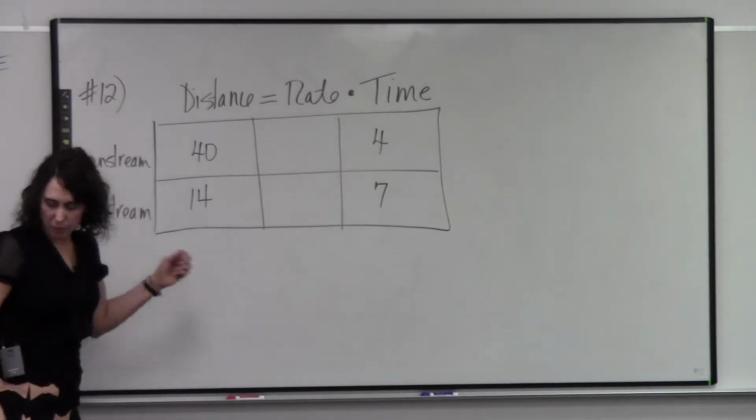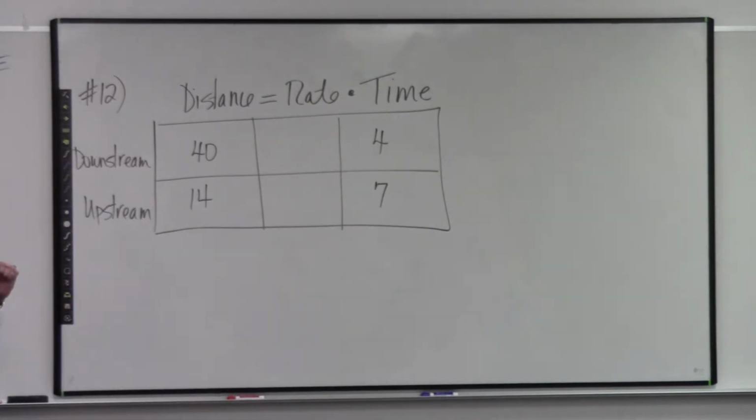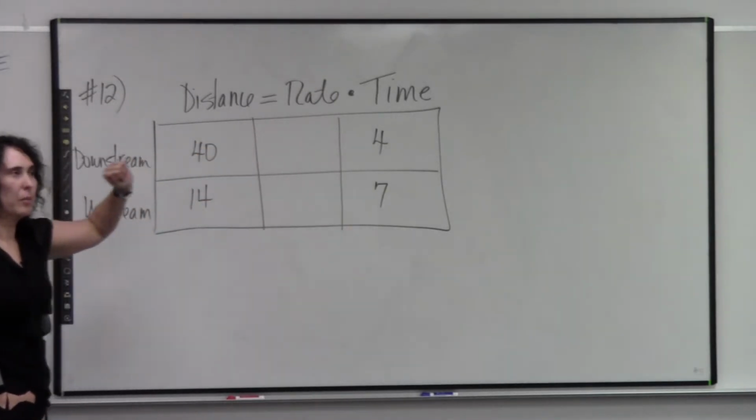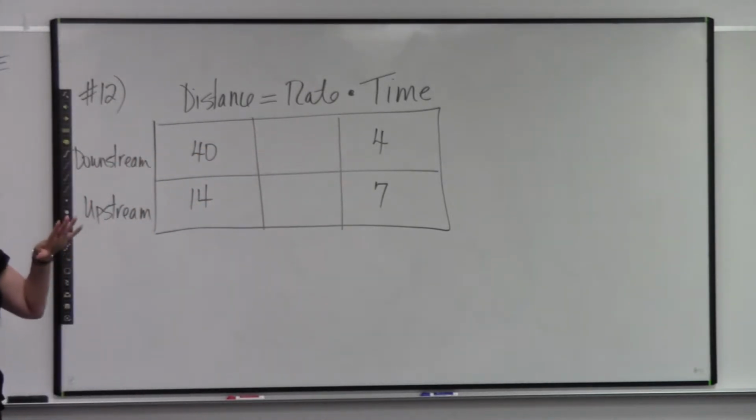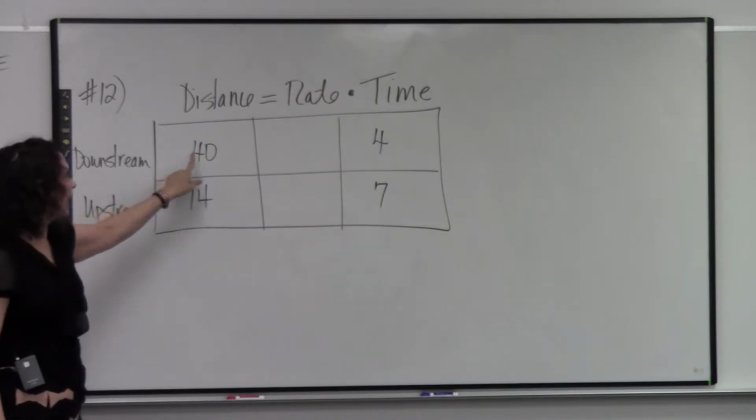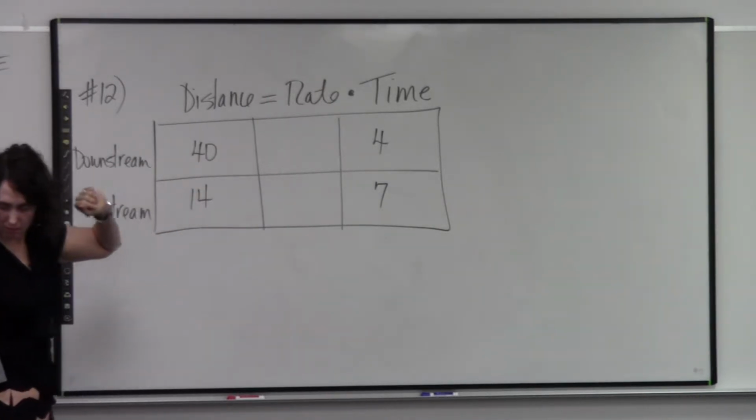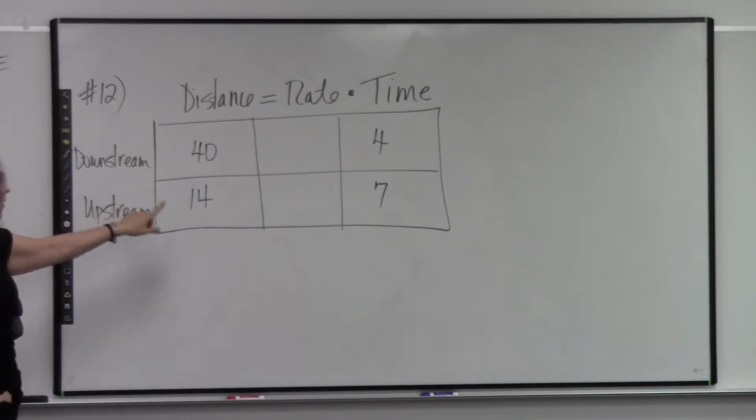All right, problem 12. Notice it's a distance problem, so we're going to use distance equals rate times time. So we're doing a little chart trying to separate the information, listing downstream and upstream. Taking the information that's been given, 40 miles downstream is going to go under distance, as well as the 14 miles upstream.